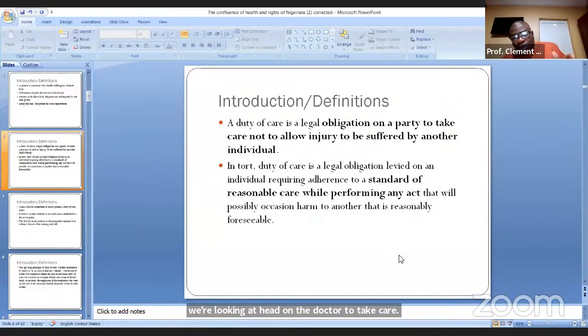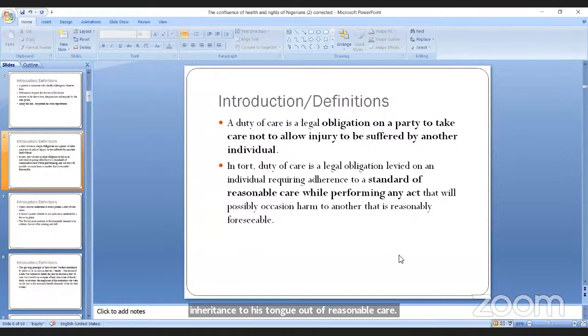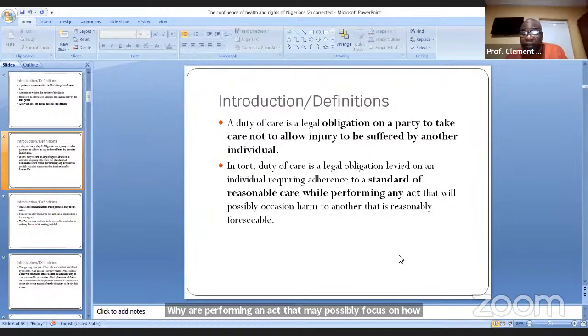In the law of tort, duty of care is a legal obligation levied on an individual, requiring adherence to a standard of reasonable care while performing any act that may possibly occasion harm to another person, where that harm is reasonably foreseeable.